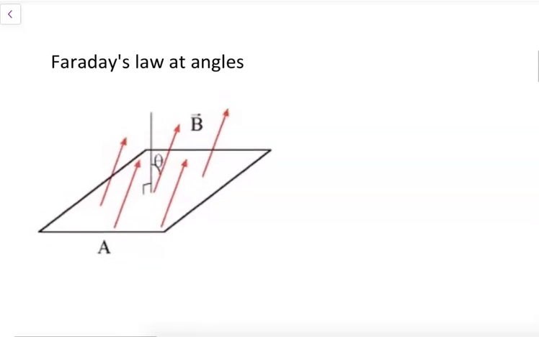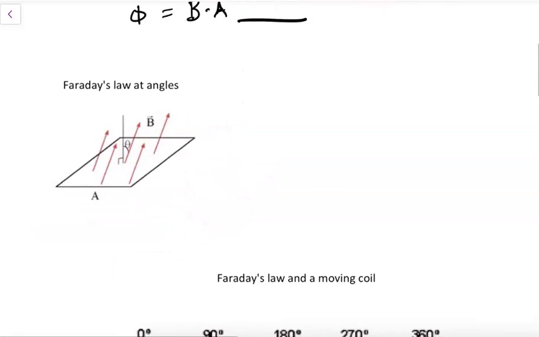Here's an example. We have an angle, we have a magnetic field, and it's traveling at some angle to the area. So we want to find the amount of field lines that are passing through the perpendicular component. We want to take those field lines and find this component right here.